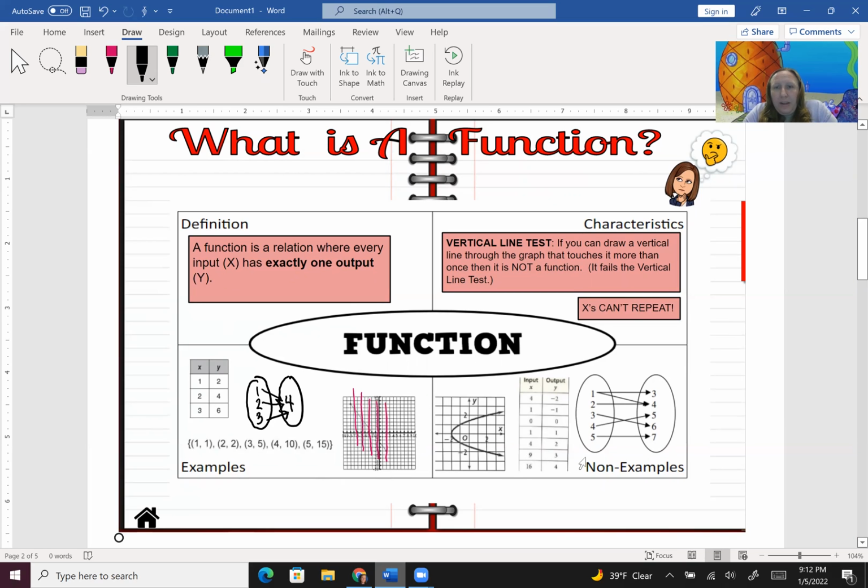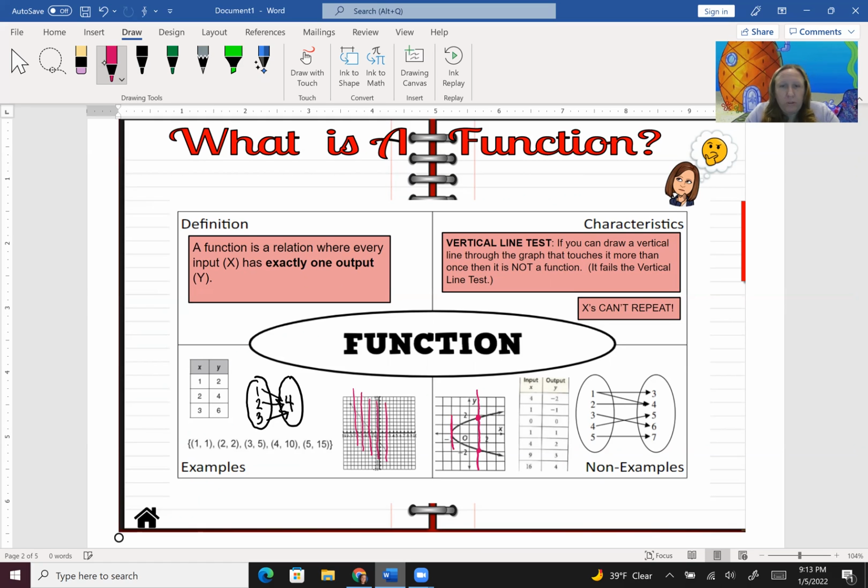And then our non-examples. I see a graph, first one, so I'm like, ooh, vertical line test. I'm going to take my pink pen and draw my vertical line. As I go down, I'm going to hit my graph one time and two times. In most spots in the graph, that's going to happen. The only time it wouldn't happen is right here.